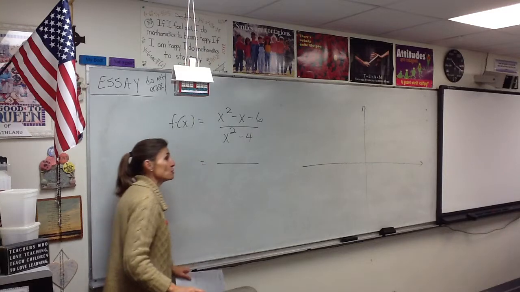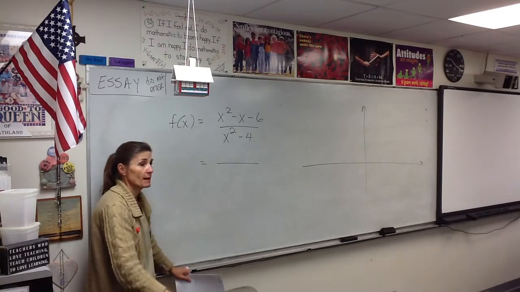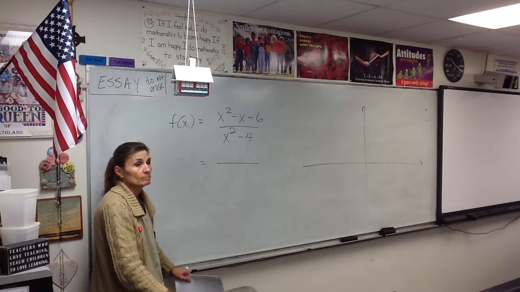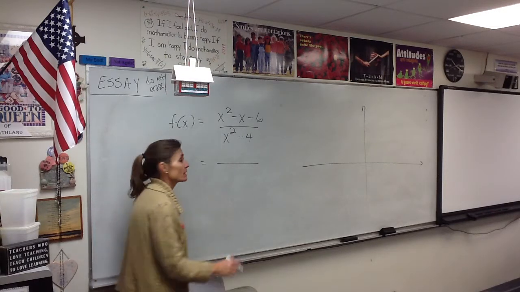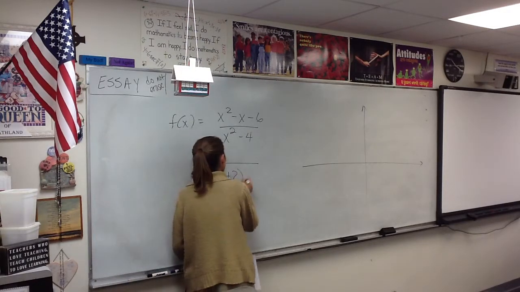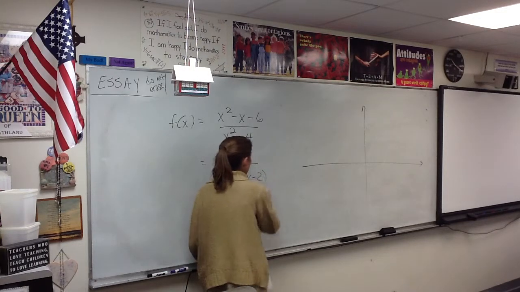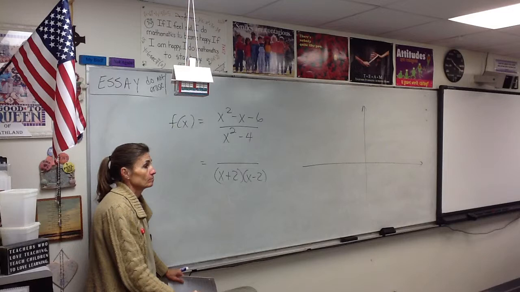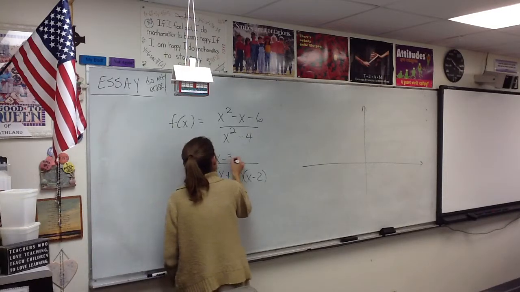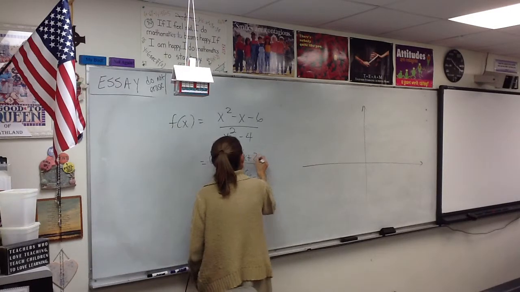Veronica, can you factor either the top or the bottom for me? Bottom would be x plus 2 and x minus 2. Yep, bottom is x plus 2, x minus 2. Good. Can anybody factor the top for me? X minus 3, x plus 2. Thank you, Olivia.